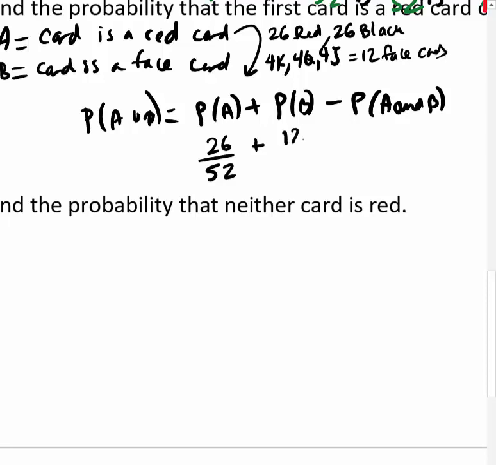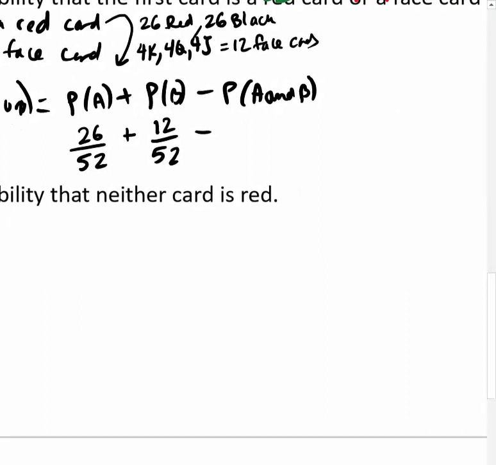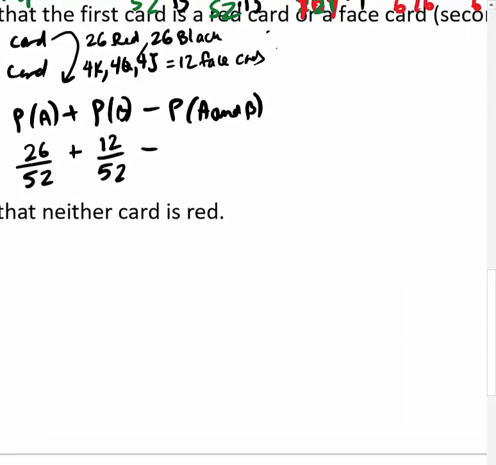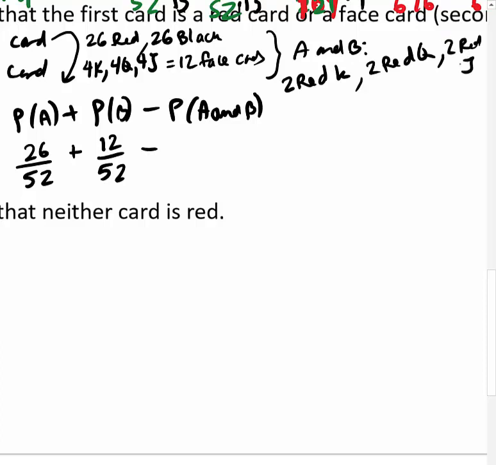So there are 12 out of 52 probability of getting a face card. And the probability of a face card and a red card, well, let's just count. A and B: there are 2 red kings, 2 red queens, and 2 red jacks. That's a total of 6 cards, so 6 out of the 52 are red and face cards.